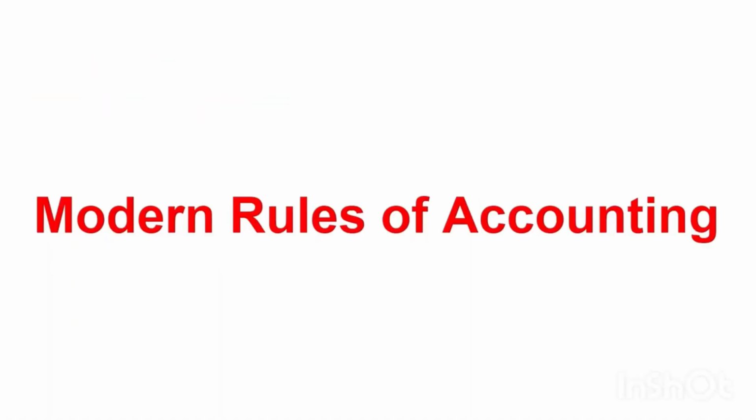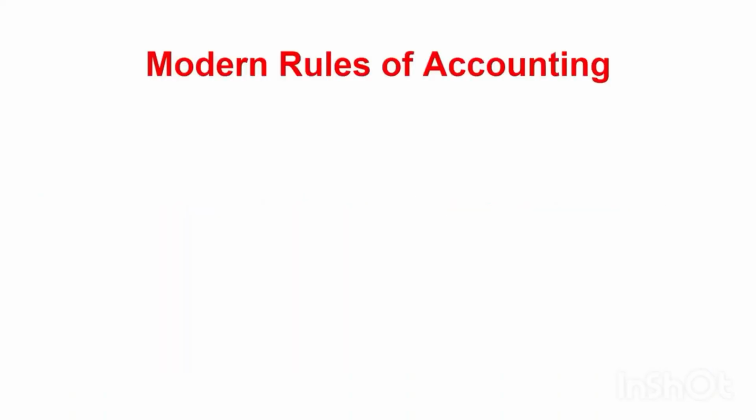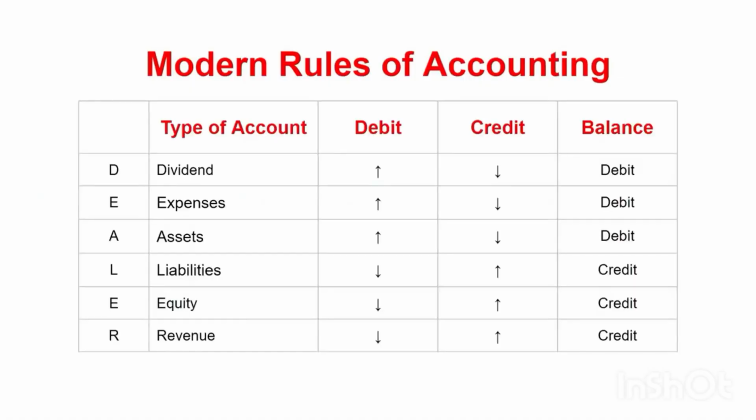Let's understand the modern rules of accounting using the acronym DEALER. Modern rules of accounting: D for dividend, debit increase, credit decrease. E for expenses, debit increase, credit decrease. A for assets, debit increase, credit decrease. L for liabilities, debit decrease, credit increase.